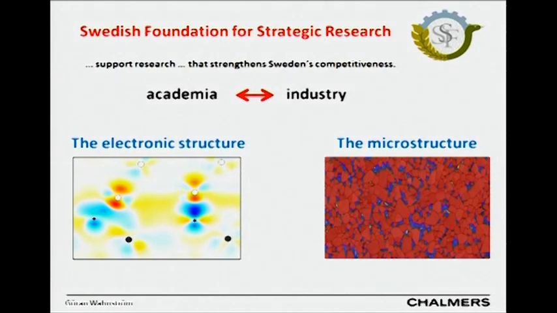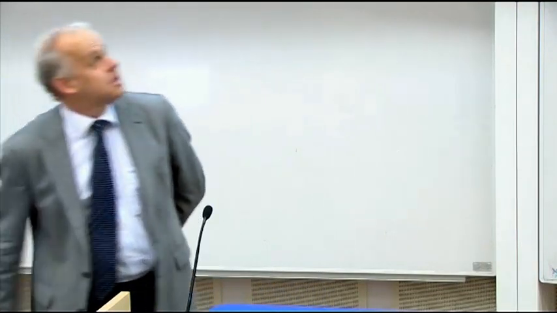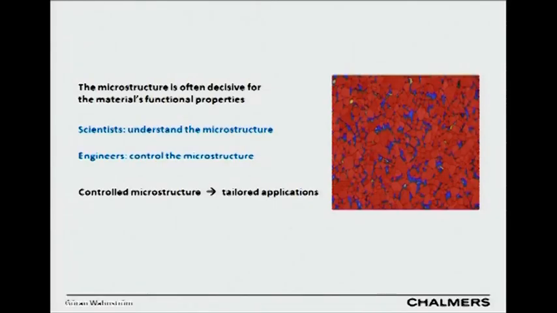They claimed that it was important, and I think they had a point: the microstructure is often crucial for the functional properties of the material. As a scientist you would like to understand the microstructure, and the engineer would like to control it. If you can control it, you could then tailor applications.